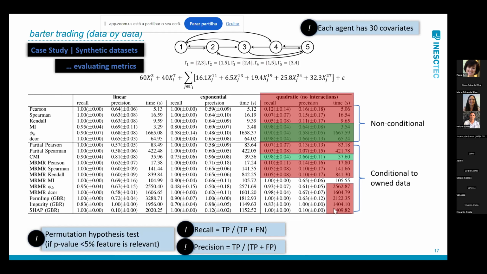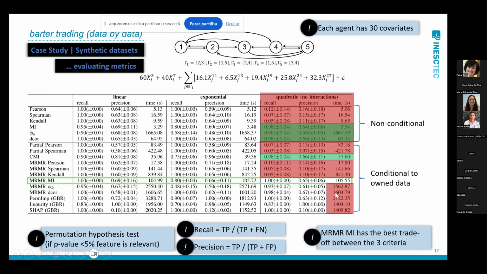So if we have to rerun this every hour, it is important to have a fast solution. And it seems that the maximum relevance, minimum redundancy, based on mutual information has the best trade-off between these three criteria: recall, precision, and time.